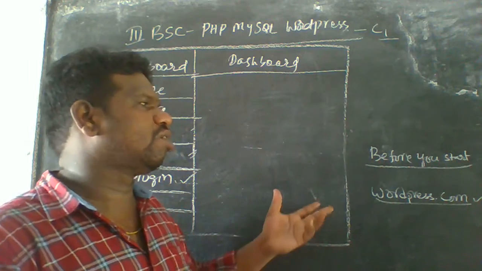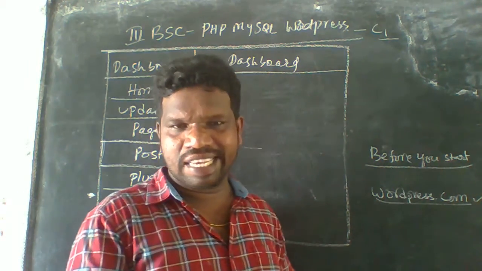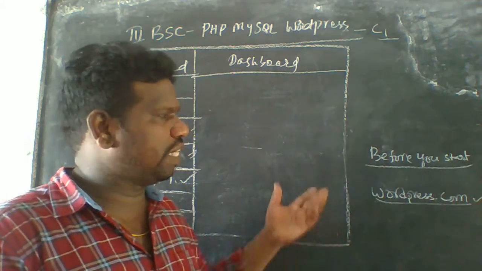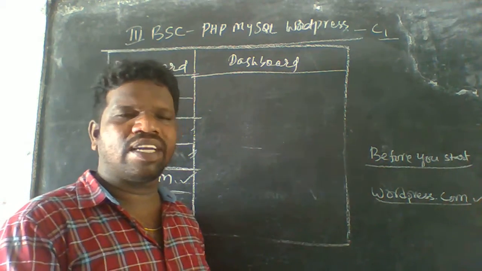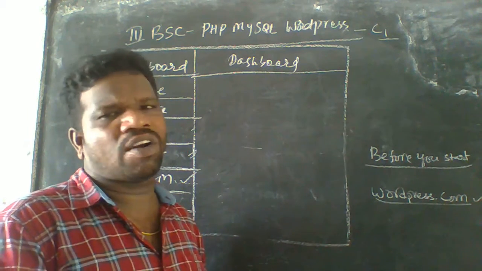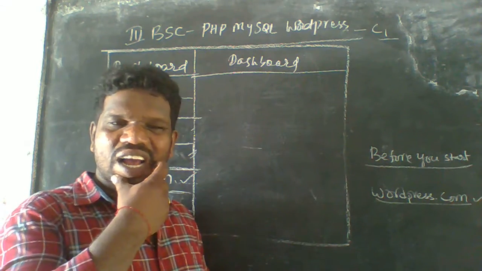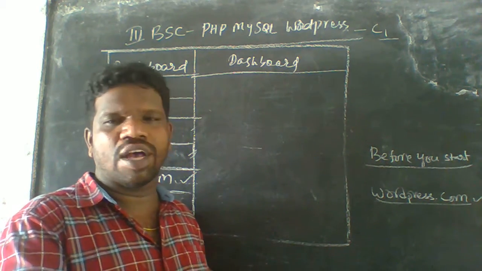While you're using WordPress.com, there is no need to install any extra plugins because it already contains some predefined plugins. So that's why it cannot display the plugins in the menu bar here.